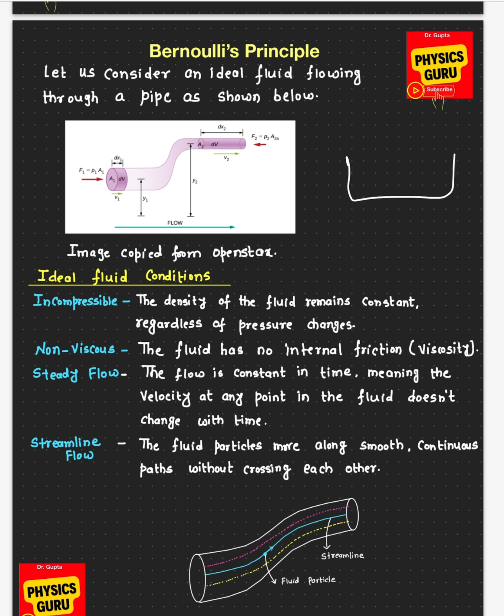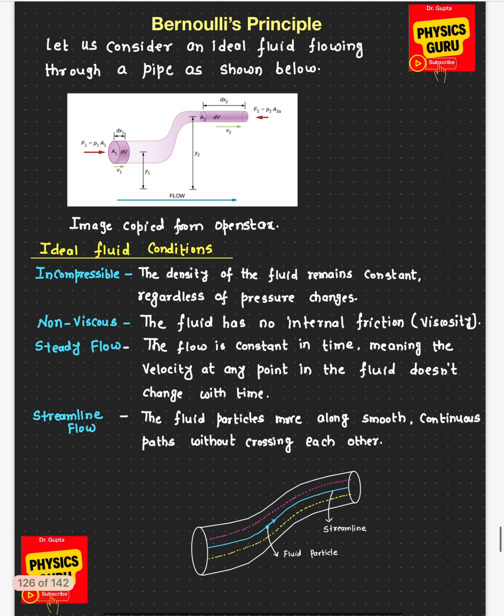If a fluid moves, it moves layer by layer, and there is internal friction between them. So the ideal fluid means that there is no internal friction between the layers of the fluid, or in other words, we can say that there is no retarding force on the fluid.